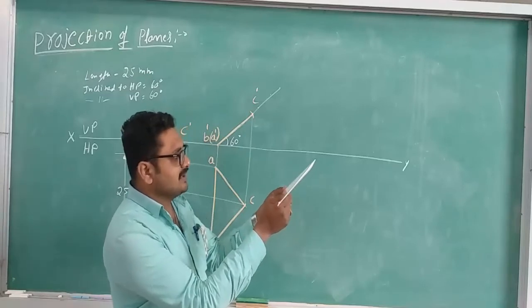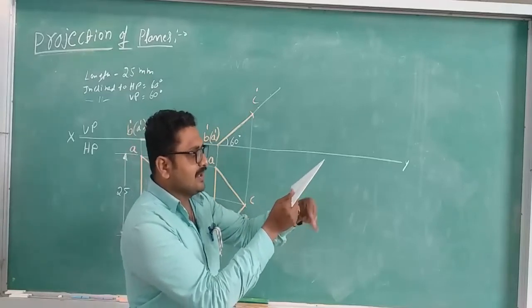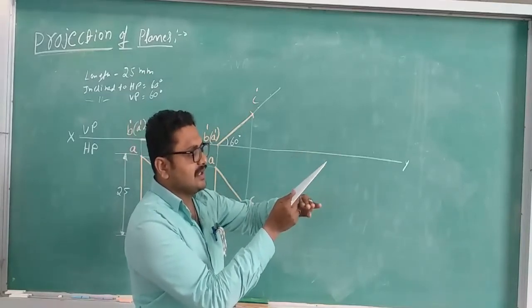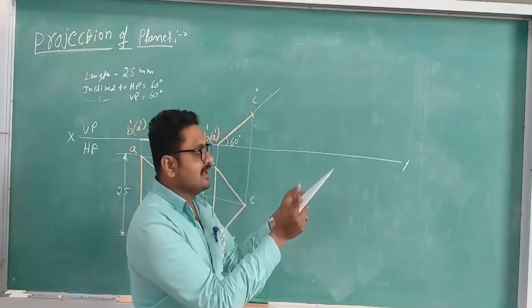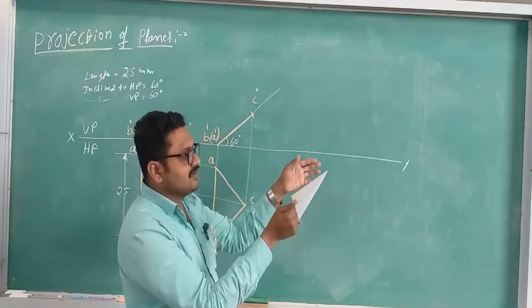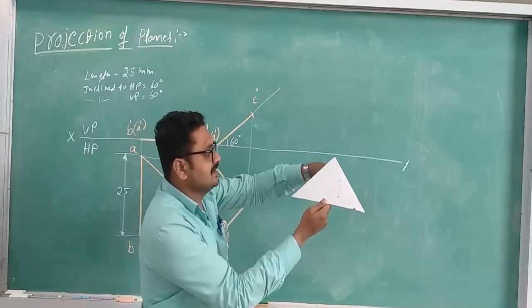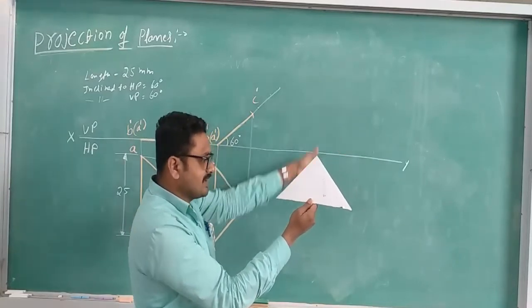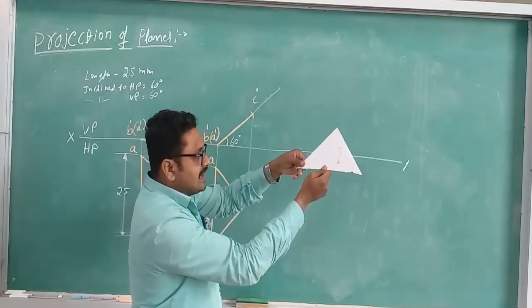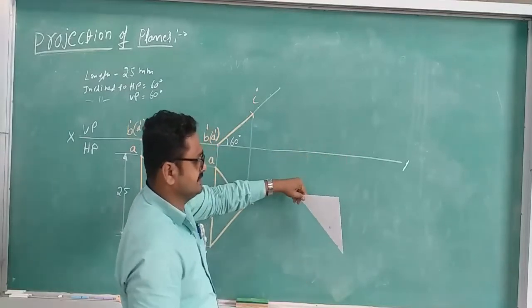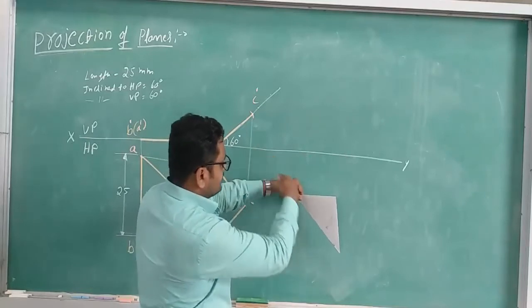That means we need to make this edge, retaining the entire lamina inclined to HP at 60 degree. It will remain the same, but this line will be inclined to VP at 60 degree. We need to make it like this. That means this line should make 60 degree to the vertical plane. When you rotate clockwise, this will become like this. Got it? We need to make a 60 degree line.